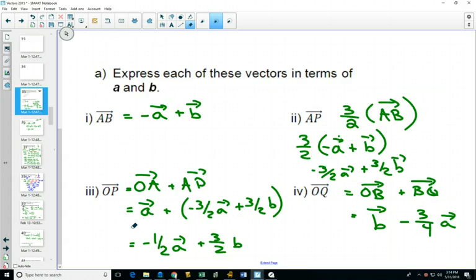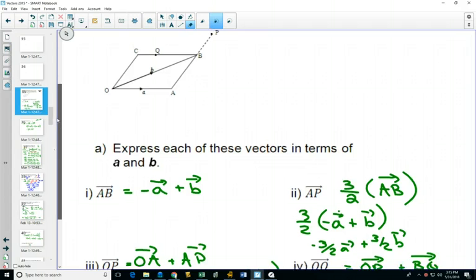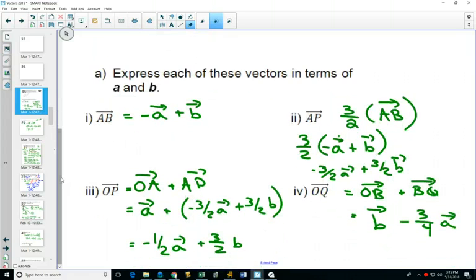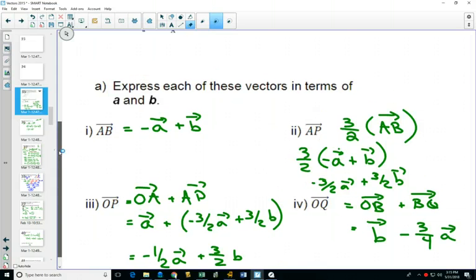You probably did your ratios wrong for the last one. I thought it was from O to Q? From O to Q, the only thing I have is Q. So O to Q would be going from O to B and B to Q. And O to B, if we look back, is B. And B to Q is negative 3/4 of A, because of the ratio.